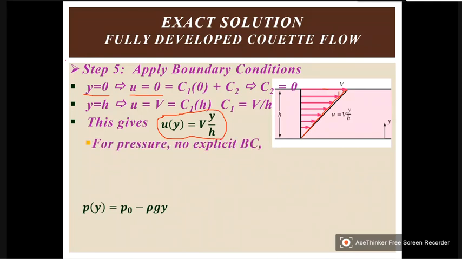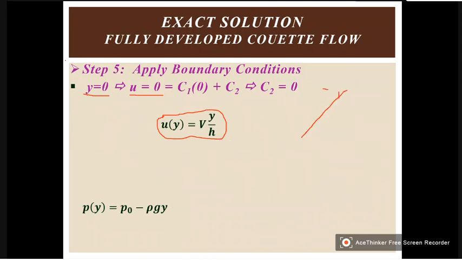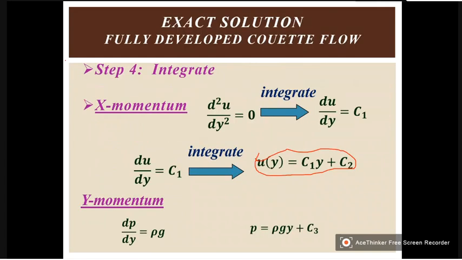Now, for the pressure, there is no explicit boundary condition. So therefore, whatever we got earlier is the same. Now what we got was P is equal to minus rho g y plus some constant.